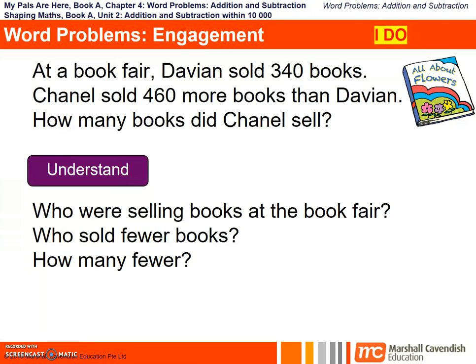So how many fewer books did Davian sell than Chanel? I think for this question, we will have to work out the difference. Yes, it is already mentioned here.